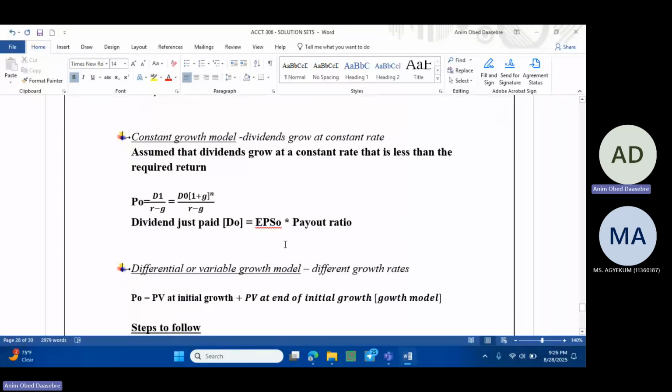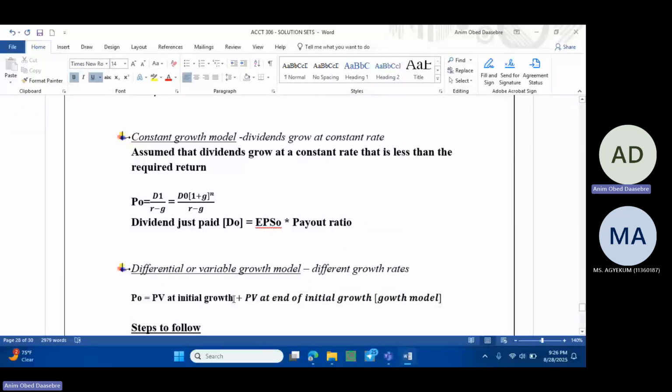Then the last thing is the differential or variable growth rate. Here we assume that the growth rate, this g, grew differently every year. In the initial stage or period, there is a certain growth for the dividends. After this initial phase, there is another growth rate.